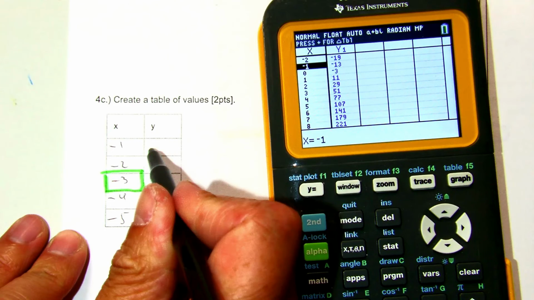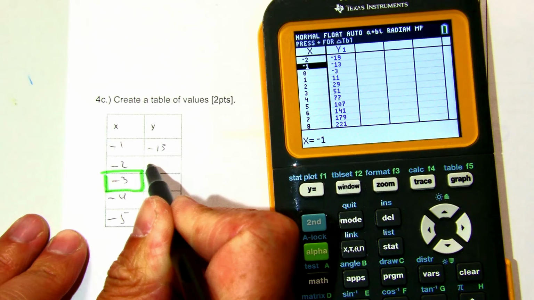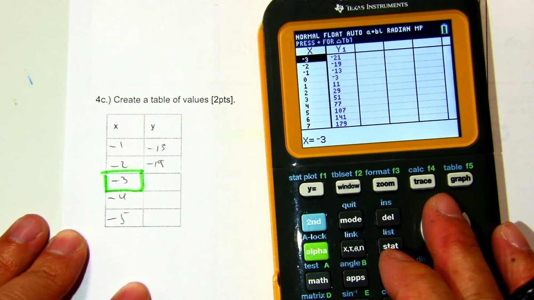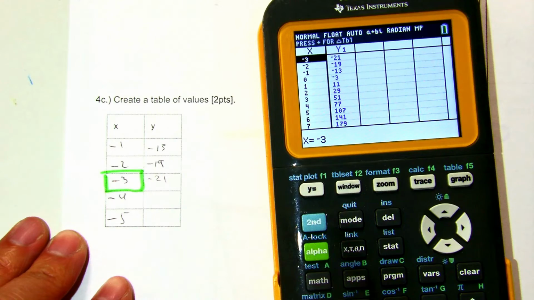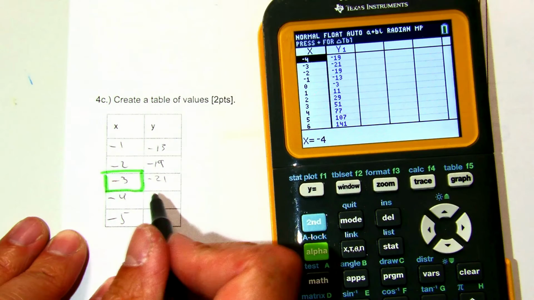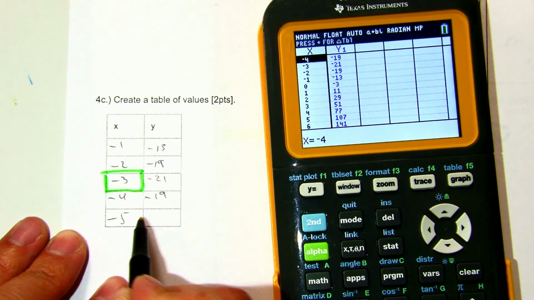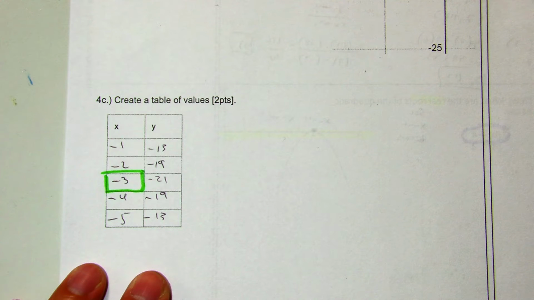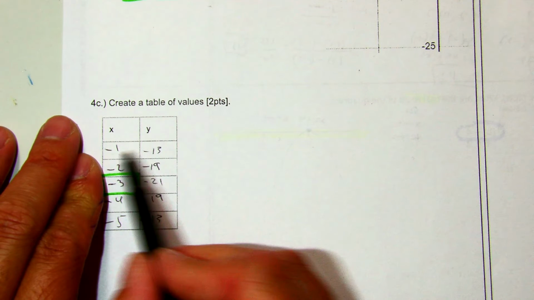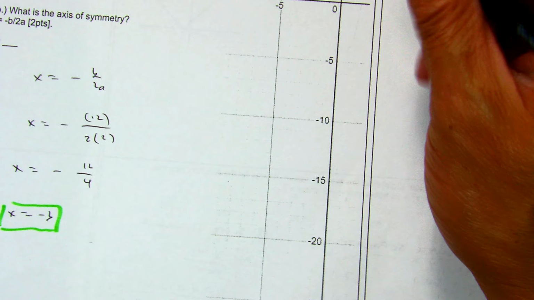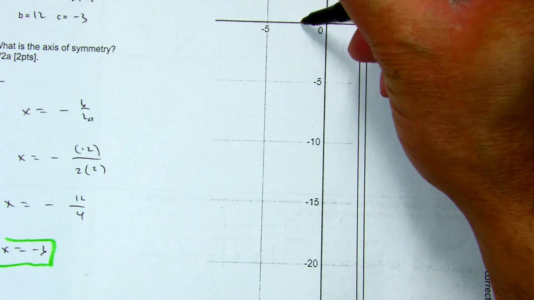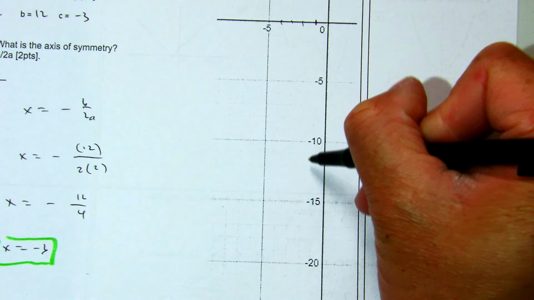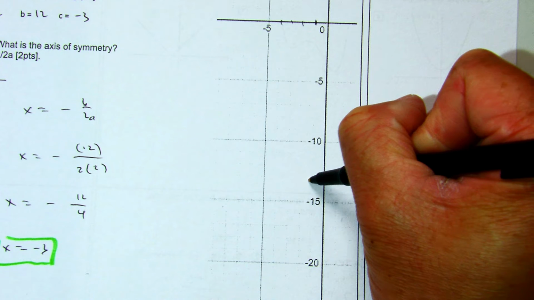I got -13, -2, -19, -3, -21. You'll notice that is the lowest or smallest number. -4, -19, and -5, -13. So when I go ahead and graph these points, I'm going to go left 1 down 13, something like right there.